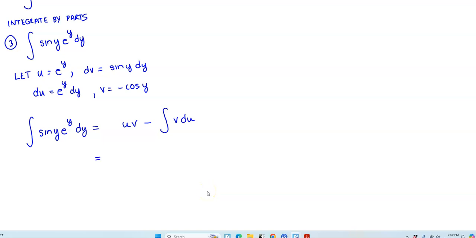And so u is e to the y, and then we have negative cosine for v, so it's going to be negative e to the y times the cosine of y minus the integral of v du, so du is e to the y dy, times negative cosine of y. So what we substituted is e to the y over here, negative cosine of y, so that's negative e to the y cosine of y dy.